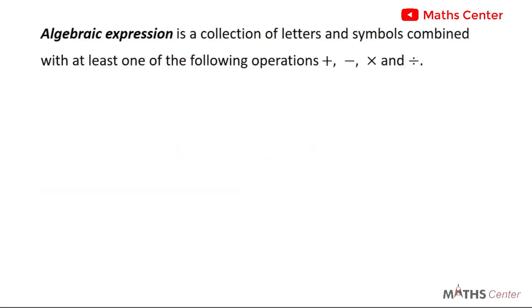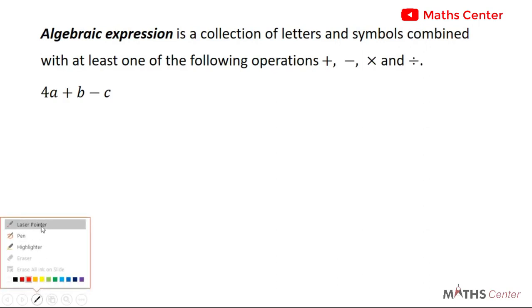Now, what are algebraic expressions? An algebraic expression is a collection of letters and symbols combined with at least one of the following operations: addition, subtraction, multiplication, and division. So for example, we have the expression 4a plus b minus c.